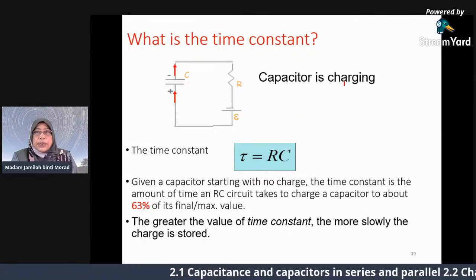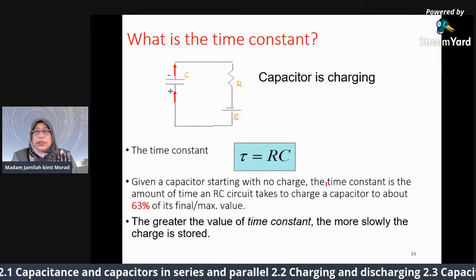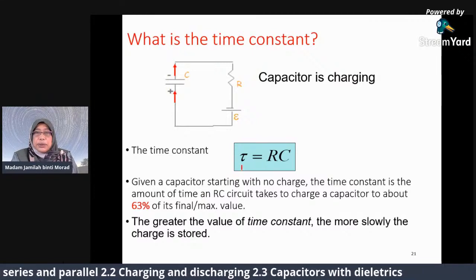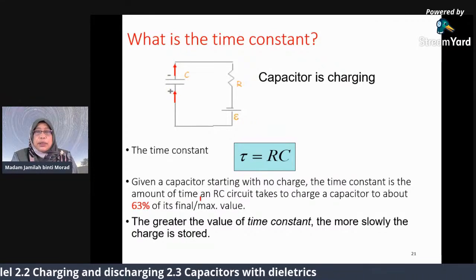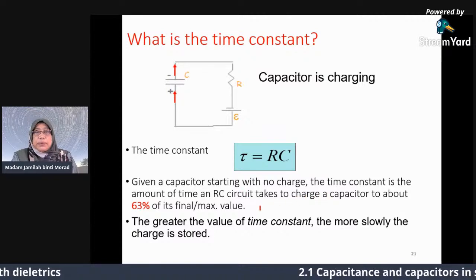During the charging process, the time constant is the amount of time an RC circuit takes to charge the capacitor to about 63% of its final or maximum value.